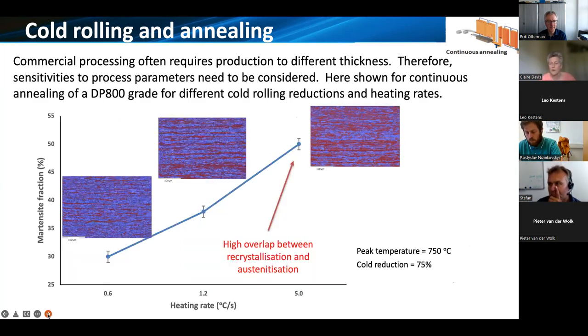We also see a similar principle, but now keeping the same cold rolling reduction. Here I've got 75% cold rolling reduction, the same peak temperature, but if we change the heating rate, of course, different annealing lines, different product thicknesses in terms of line speed will give different heating rates. And here we can start to see there is also sensitivity.